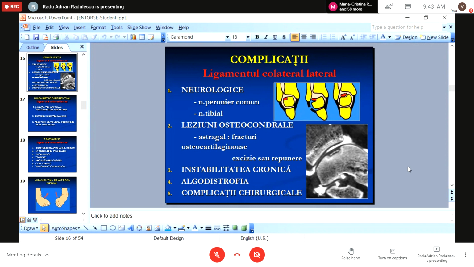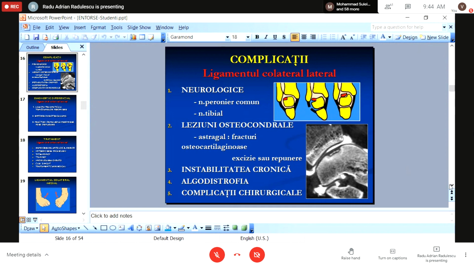By far the most frequent complication of an ankle sprain will be chronic instability, meaning that after the first sprain, the joint of the patient will become unstable, or, in other words, not stable enough to prevent more and more frequent sprains, and sprains that will happen at a lower and lower energy of the trauma.